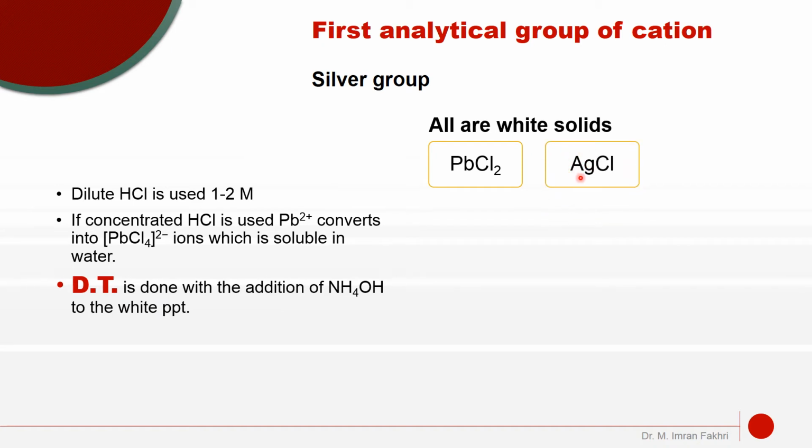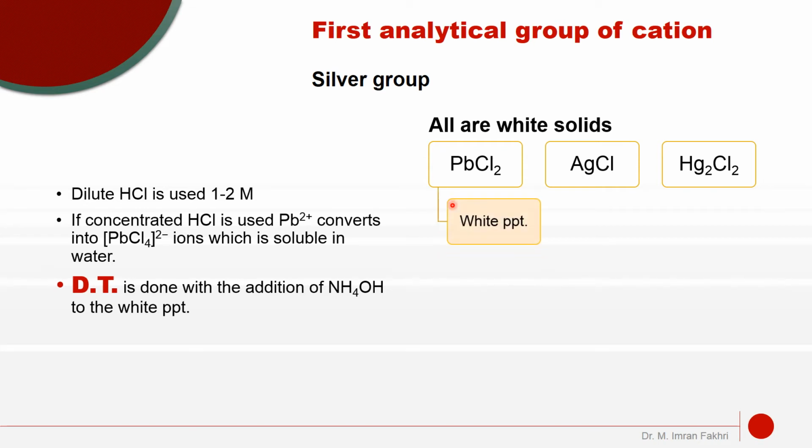For silver positive ion, silver chloride is formed, and it is a white precipitate. And also mercurous chloride, which is a white precipitate.